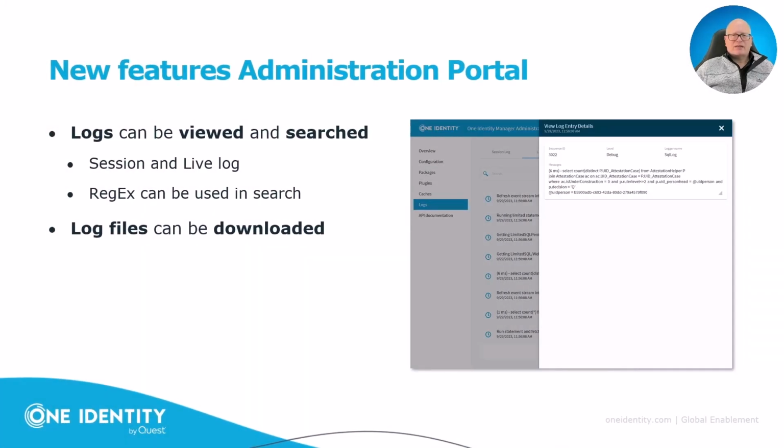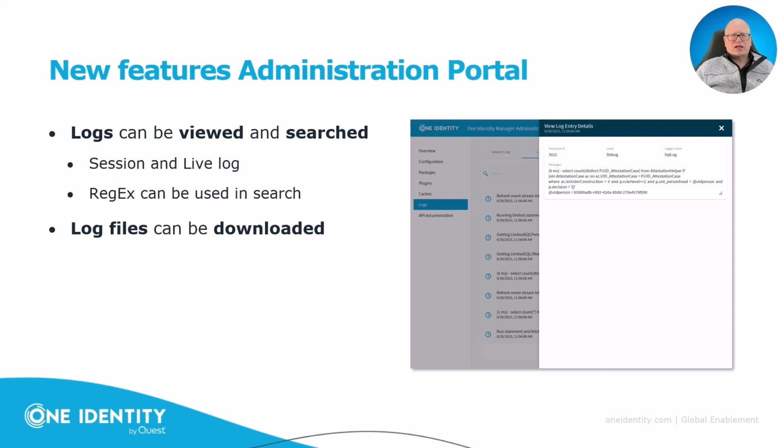Now let's talk about the feature administration portal. The administration portal is, I like to say, the admin portal for the web front end. There you can now look into logs much better than before. In the past, if somebody was interested in web logs, access to the server was the way to get the files and then look into these specific logs.